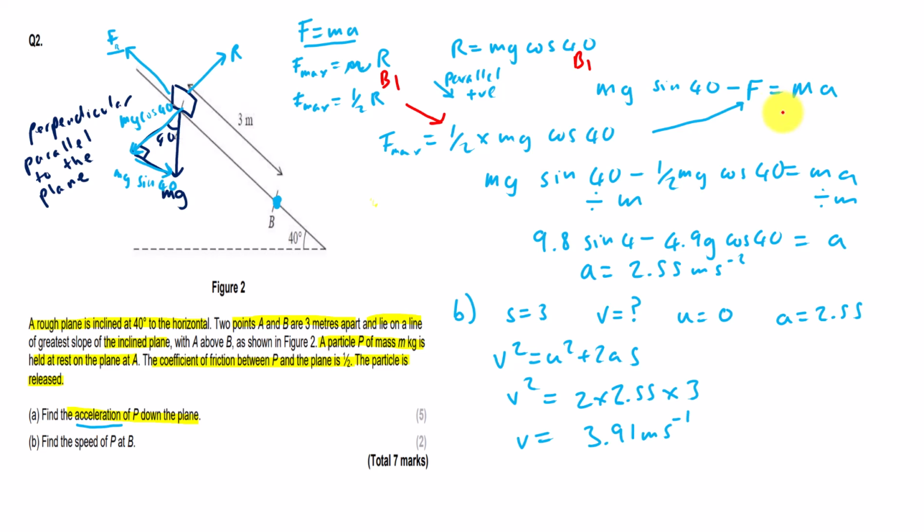That's our method mark and answer mark here, and once we work this all out, that is another answer mark. So that is achievable. For part B, using this is your method and that is your answer.